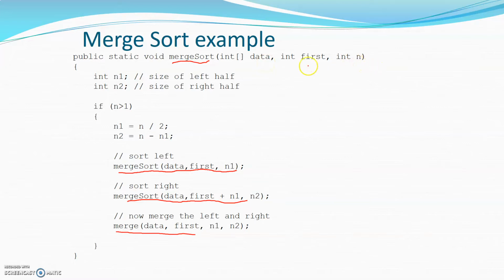Given that we do have 8 coming in here, 8 is greater than 1. So n1 would be 8 divided by 2, or 4. And n2 would be n, which is 8, minus 4, which is 4. And so then the call on the left-hand side, remember initially we said that first was 0.